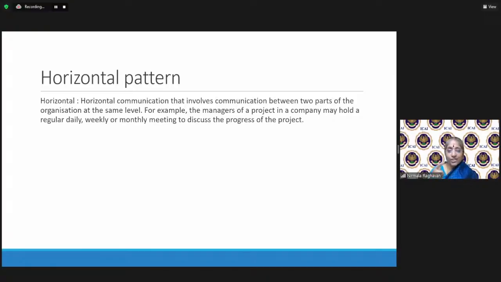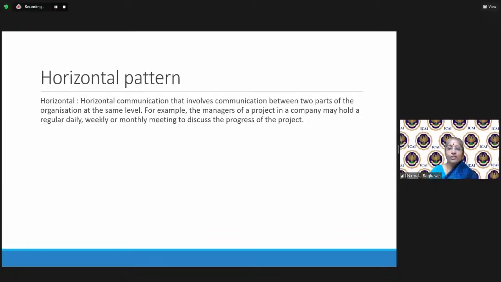Say a conversation between an accounts manager and HR manager, between an HR manager and a personnel manager. Two different people of the same rank belonging to the same organization, different parts of the organization. That is horizontal. This again is two-way communication between two people belonging to the same rank, to the same hierarchy.